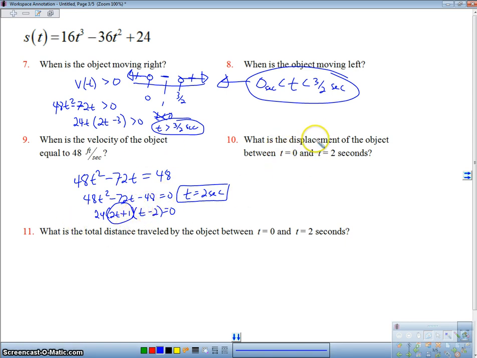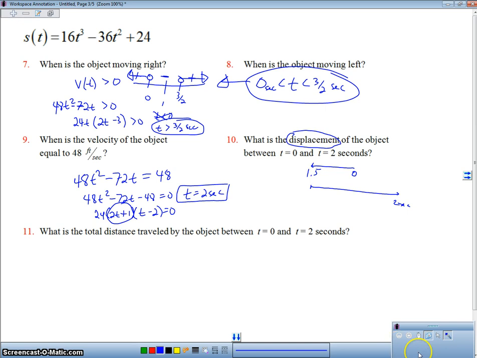What is displacement? Notice here that from 0 to 1.5 we're going to go left, and then at 1.5 seconds we're going to start going to the right again, and we're probably going to end up somewhere over here at 2 seconds.